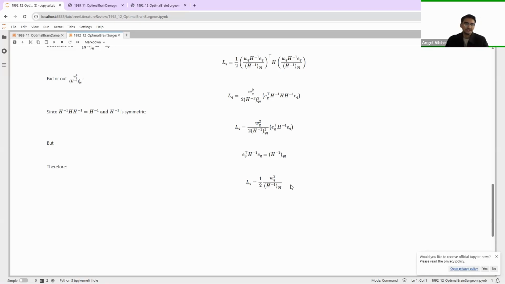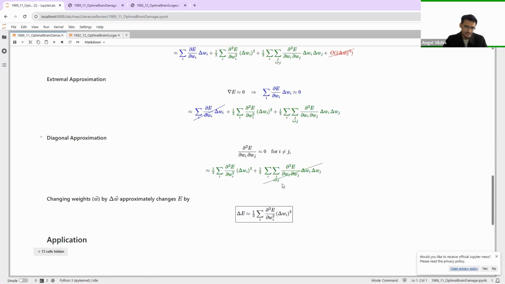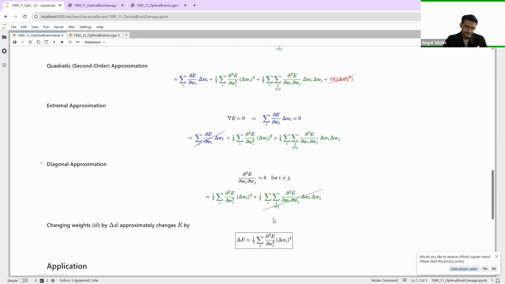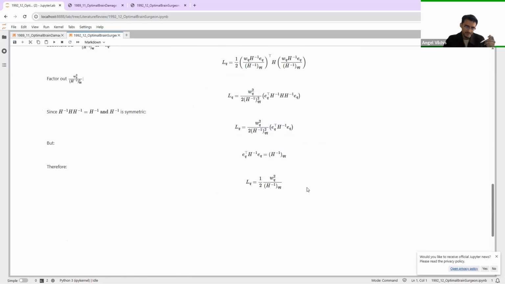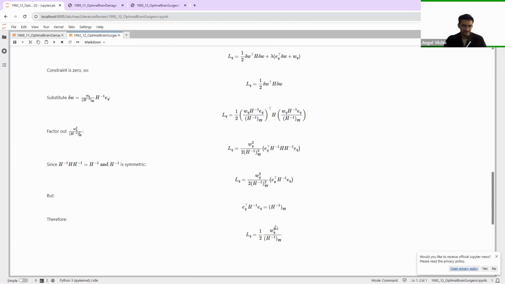The difference is optimal brain damage assumes the diagonal approximation here. And we solve for saliency using backprop, whereas with optimal brain surgeon, we require the inverse of the Hessian to compute the saliencies.